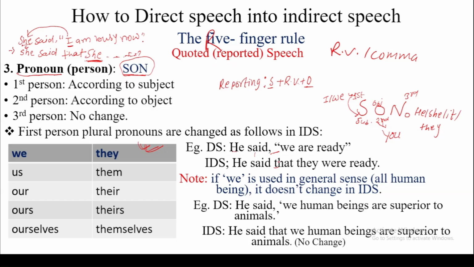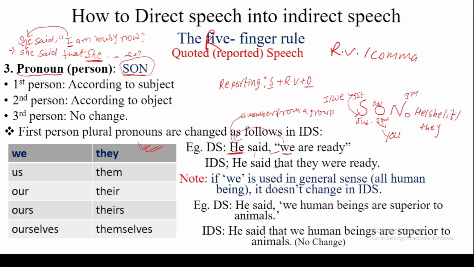Now we is the pronoun of first person, so it will be changed according to the subject he. But this pronoun he represents a member from a group, a group member.